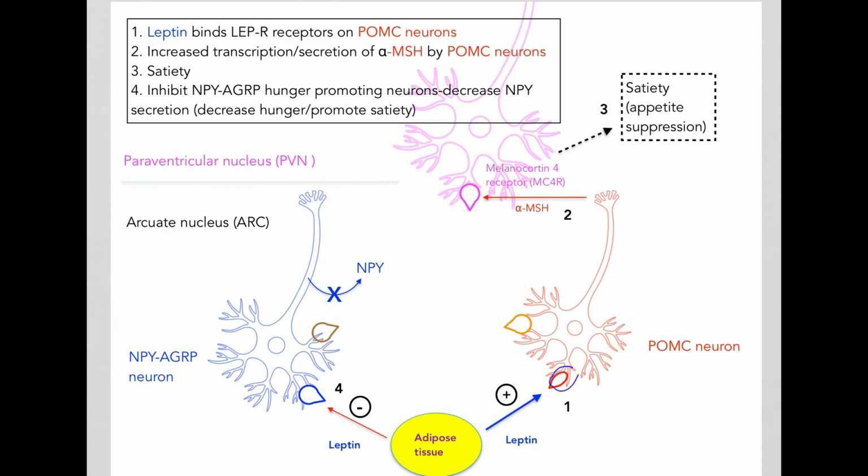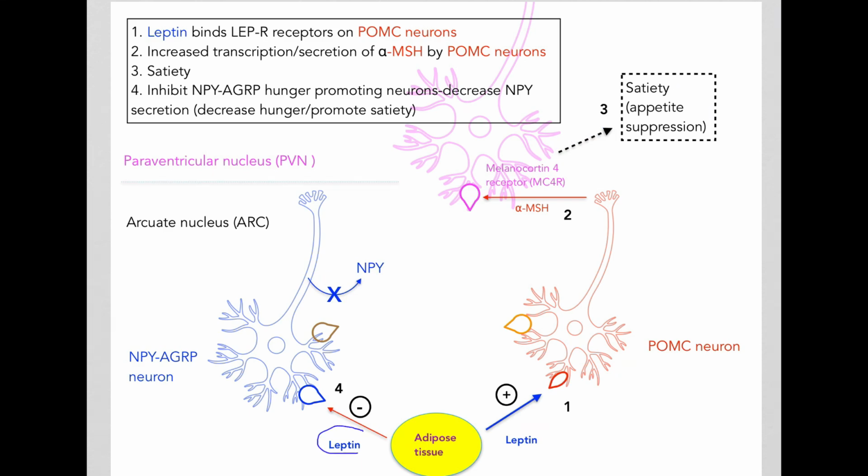This binding causes increased synthesis and secretion of alpha MSH. These neurons start releasing alpha MSH, and this alpha MSH will then bind the MC4R receptors that are present in the neurons of the paraventricular nucleus of the hypothalamus. Activation of these PVN neurons will then lead to suppression of appetite, or satiety.